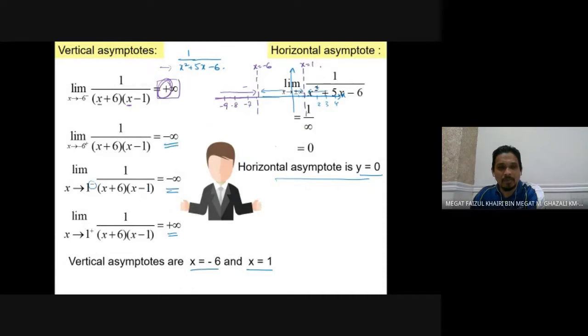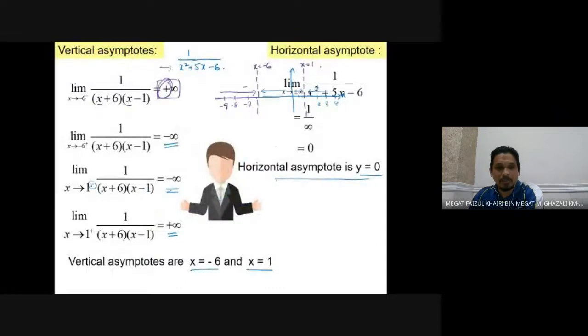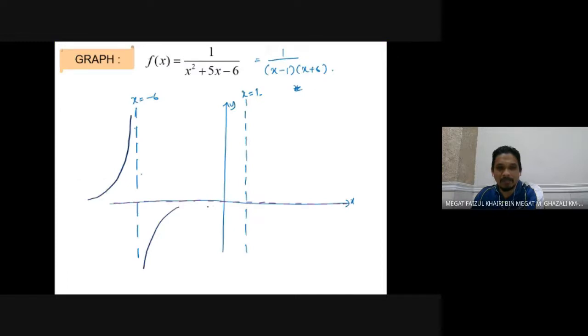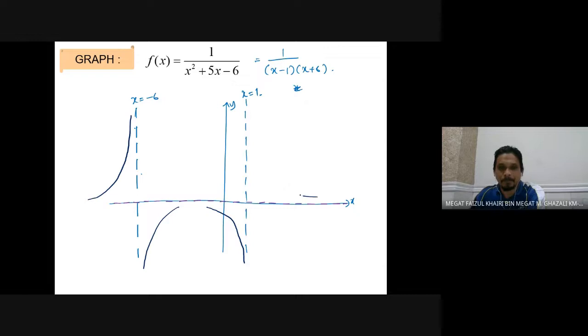X approaching negative 6 from the right, negative infinity. And x approaching 1 from the left, negative infinity. Okay, and then x approaching 1 from the right, here positive infinity. There you go.